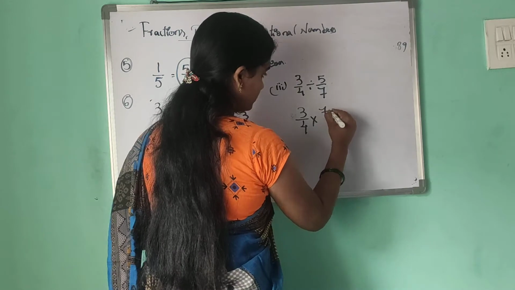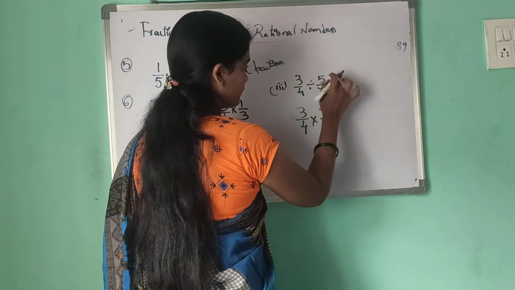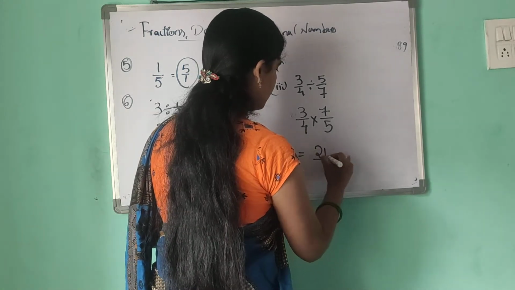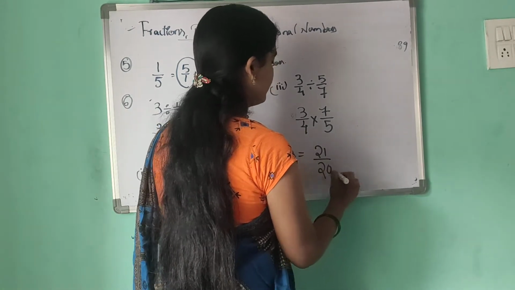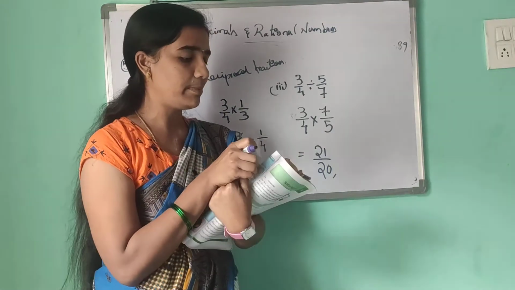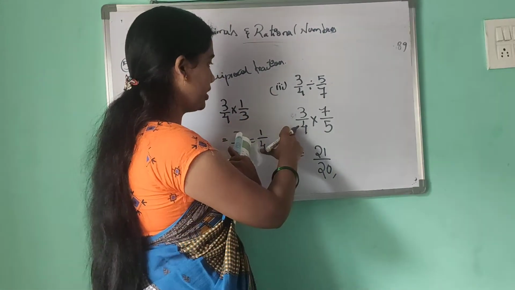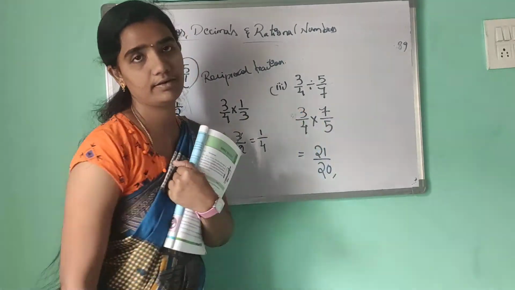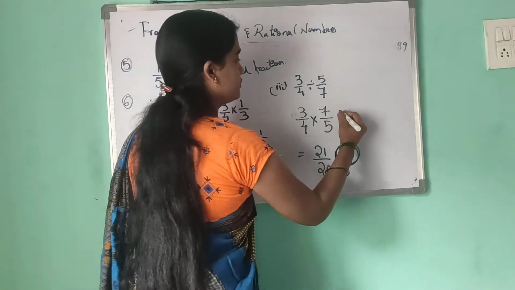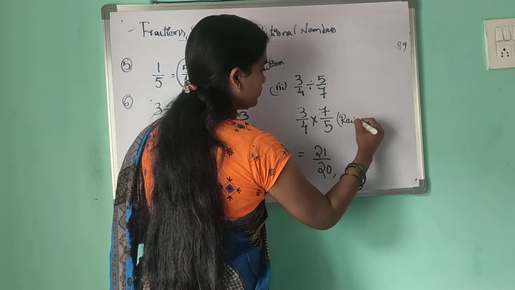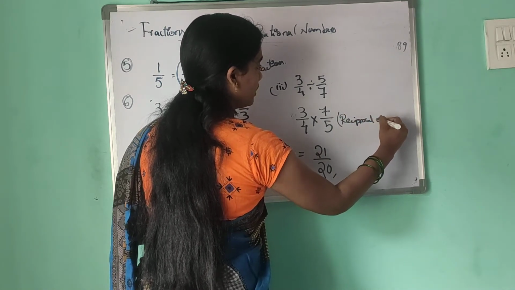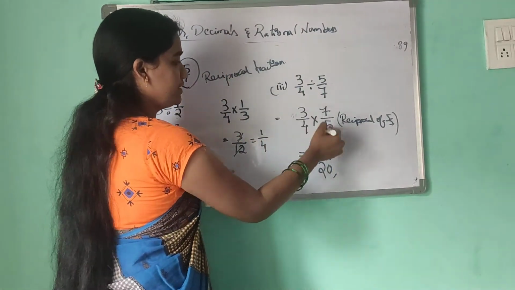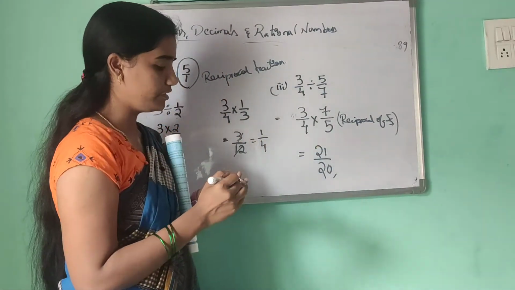The reciprocal of 5 by 7 is 7 by 5. So the answer is 3 7s are 21 by 4 5s are 20, that is 21 by 20.